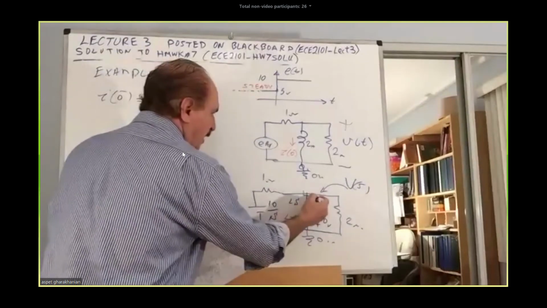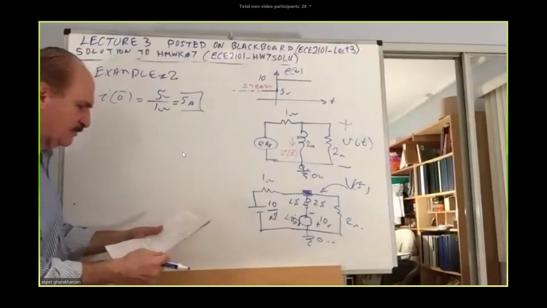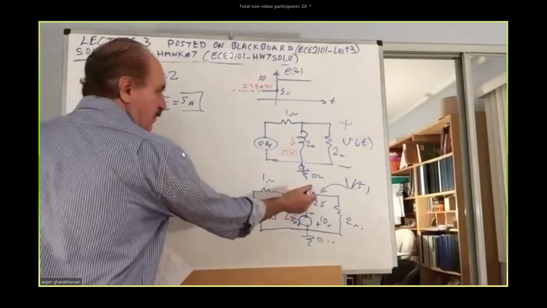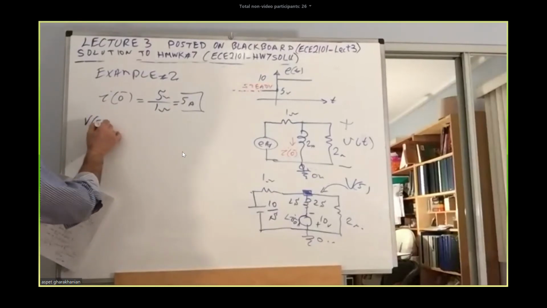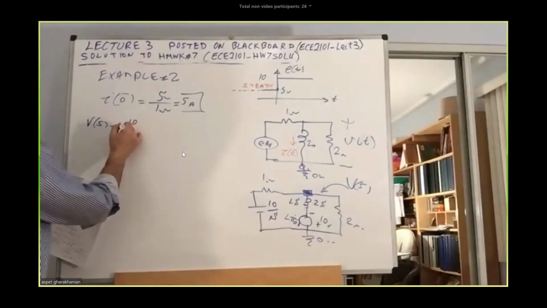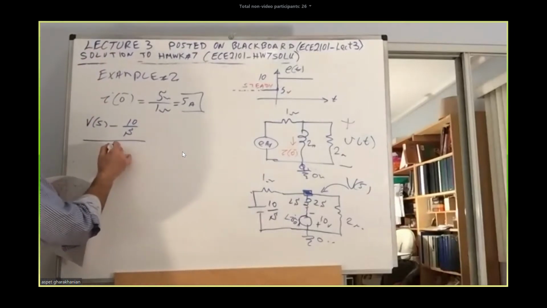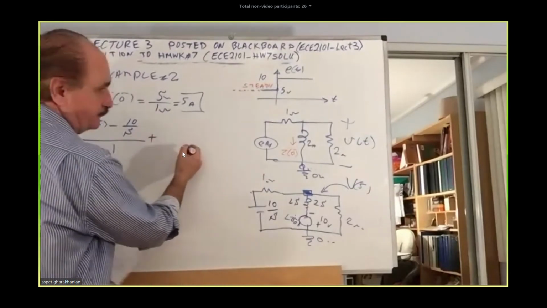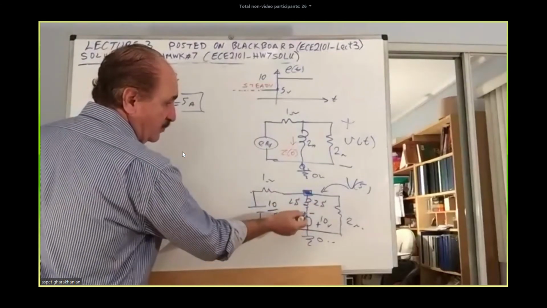So I can conveniently apply a node analysis at that point, sum of the currents at that point. Here we begin. Voltage here minus voltage there divided by 1. So you get V of S minus 10 over S, divided by 1, plus voltage here minus voltage here, which is minus 10.